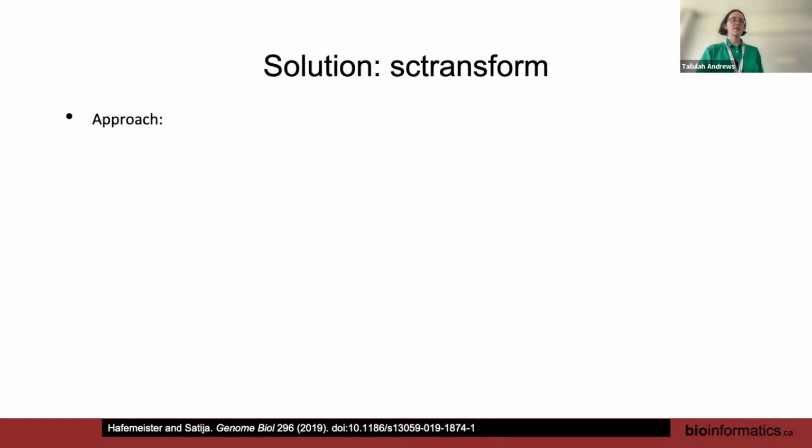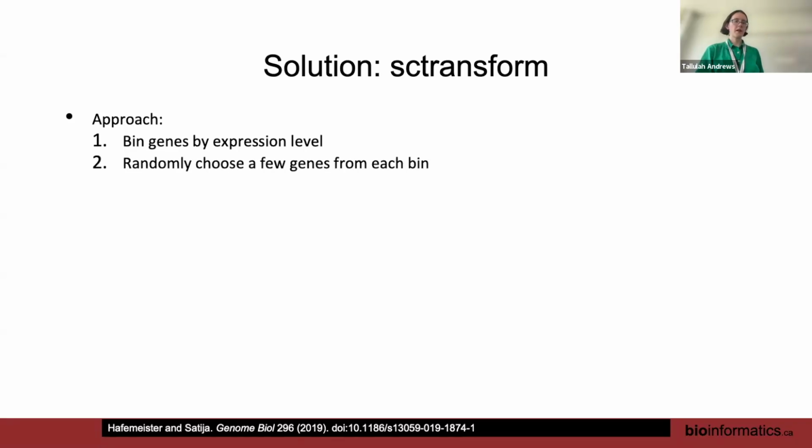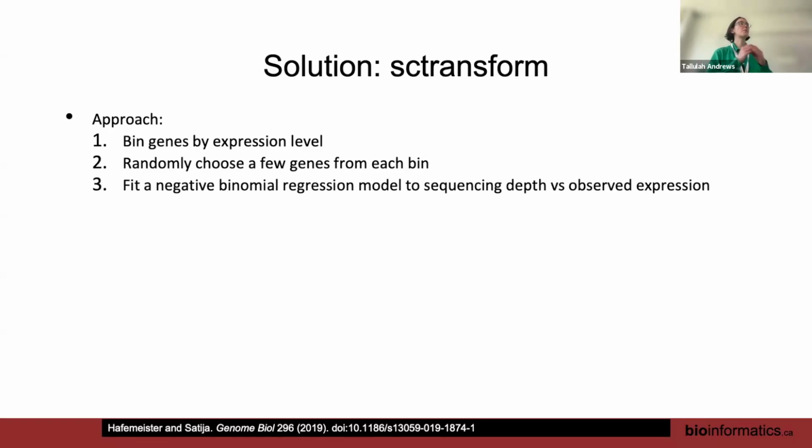What SCTransform does is it takes that negative binomial distribution and takes all of the genes and bins them by expression level, and randomly chooses a few genes to represent each bin. Then it performs a regression of the observed expression of those genes versus the total sequencing depth, using the negative binomial distribution.